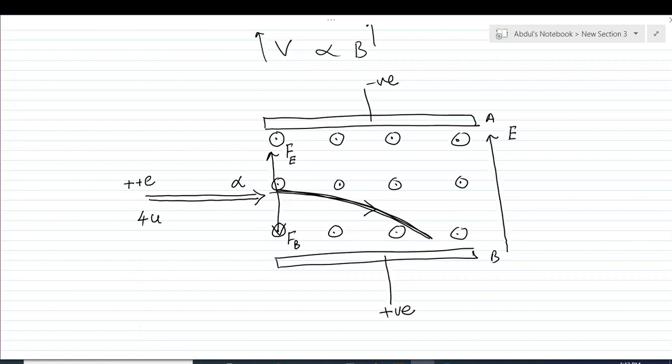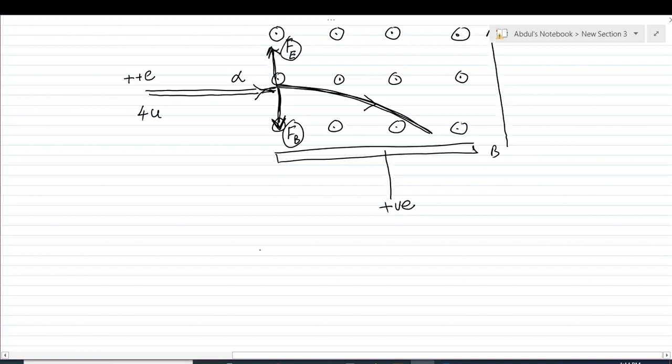When this alpha particle enters, the magnetic force is downward, but the electric force is upward. Both forces are opposite in direction. If they are equal in magnitude, then the resultant force on the moving charged particle will be zero.